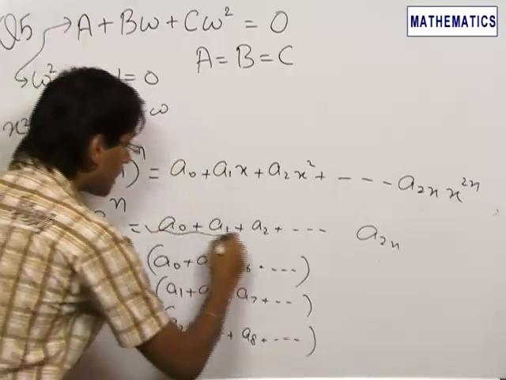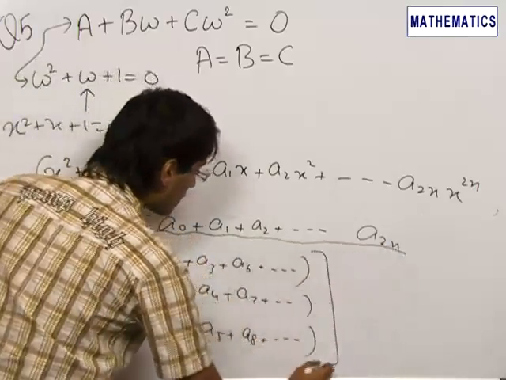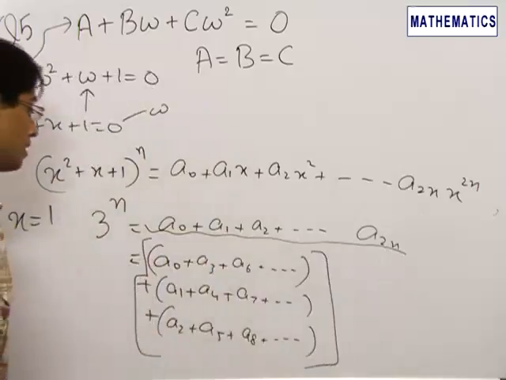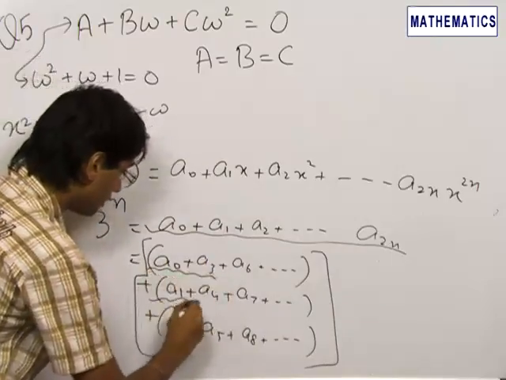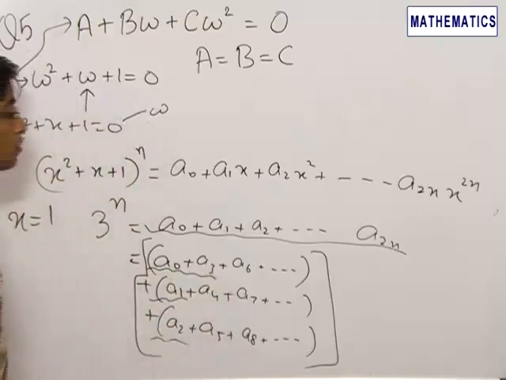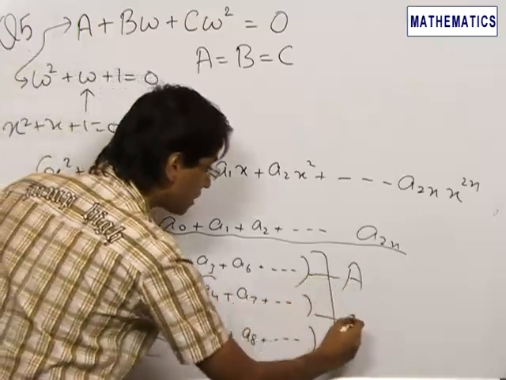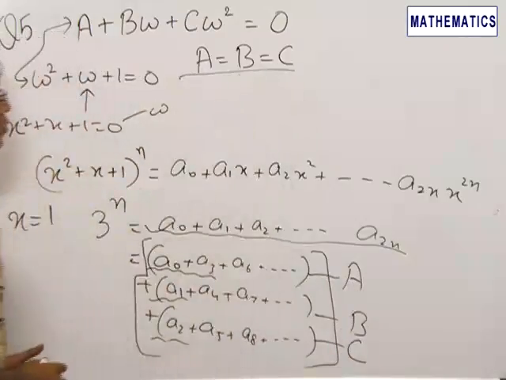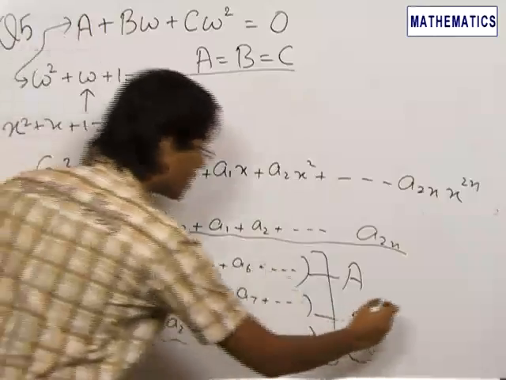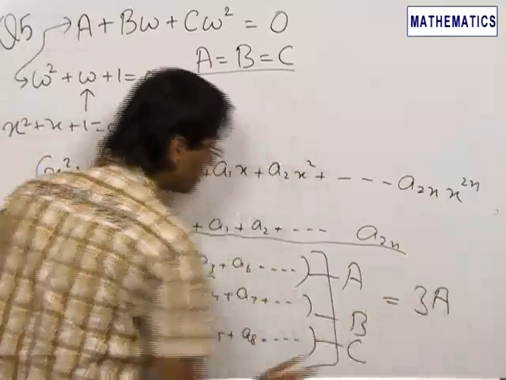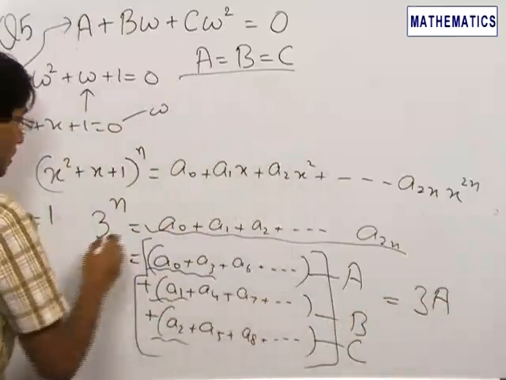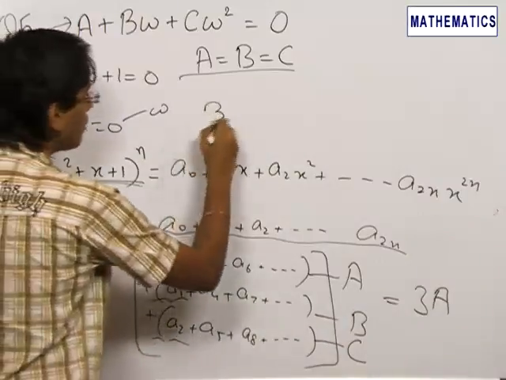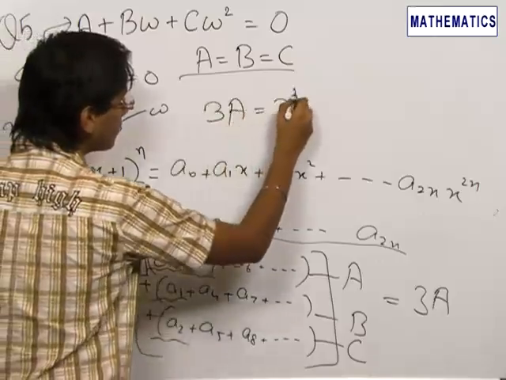In this way, we have written this entire sum as a sum of three different summations, since we required the values of this, this and this, and we know that this is capital A, this is capital B and this is capital C, but we know that A is equal to B is equal to C. So this entire sum is equal to 3 times capital A, and we know that this sum is equal to 3^n because we put x equals 1 over here. So we get 3A equal to 3^n.